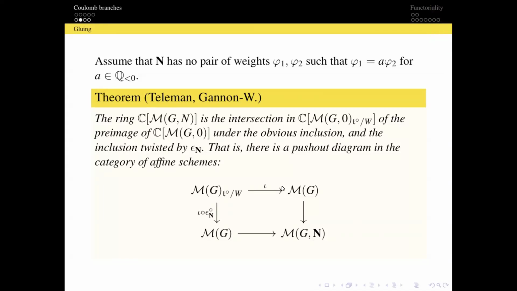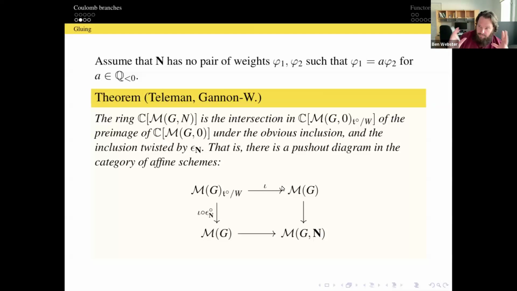Okay. So under this hypothesis, I can write the coordinate ring of MGN as a subalgebra of, well, I could have said the fraction field, but I'm going to do something a little smaller, the function ring of MG0 restricted to this locus over T circ. So I've pulled out all of these bad divisors.